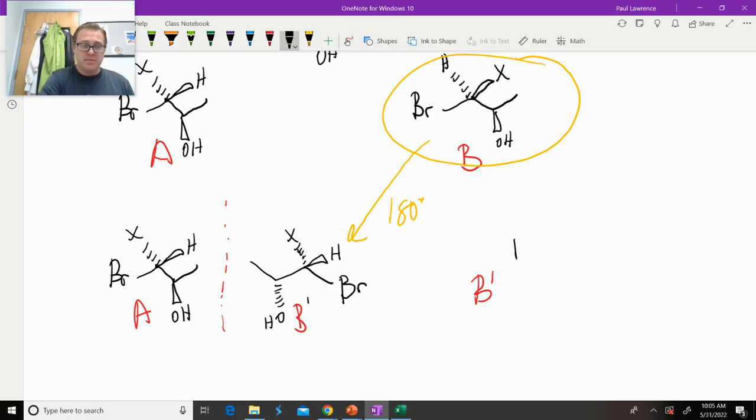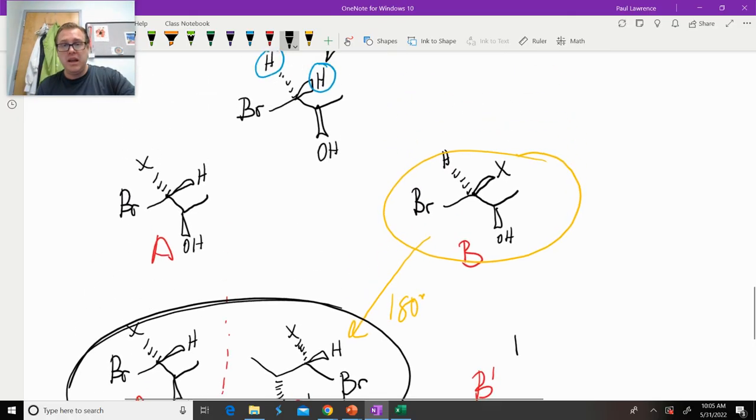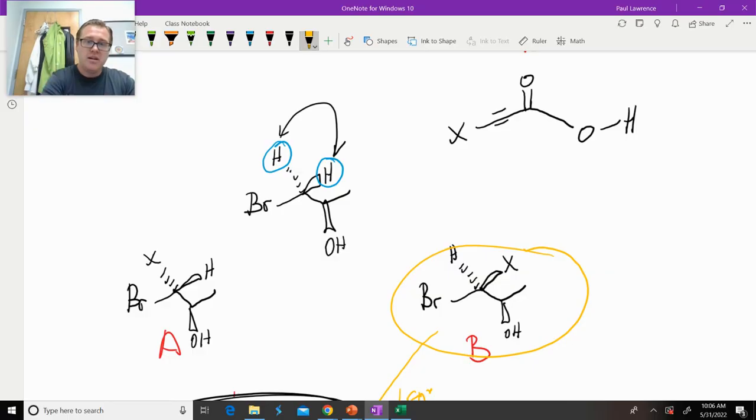Now, what is the relationship now between A and B? Well, they are not mirror images of one another, and they are not superimposable. What definition is that? When you have molecules that are not mirror images, not superimposable, those are diastereomers. So these two molecules right here are diastereomers, which then means that these two hydrogens right here are diastereotopic, which means they're not equivalent.